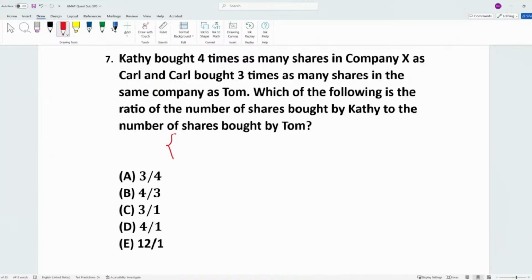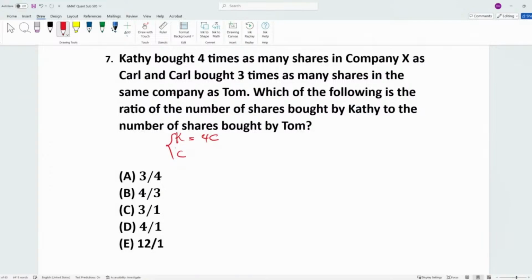Let's say that K is equal to the number of shares bought by Cathy, and C is equal to the number of shares bought by Carl. Cathy bought 4 times, so K is equal to 4C.